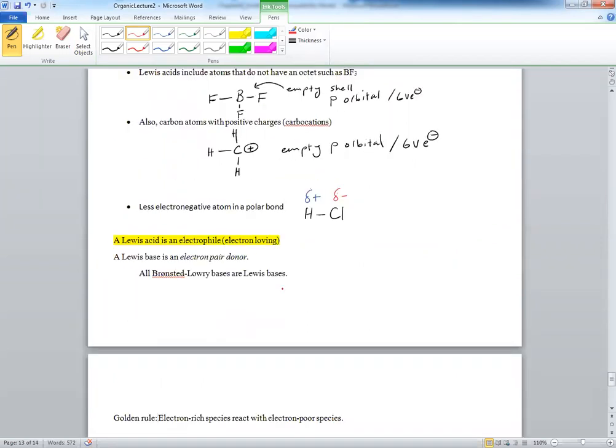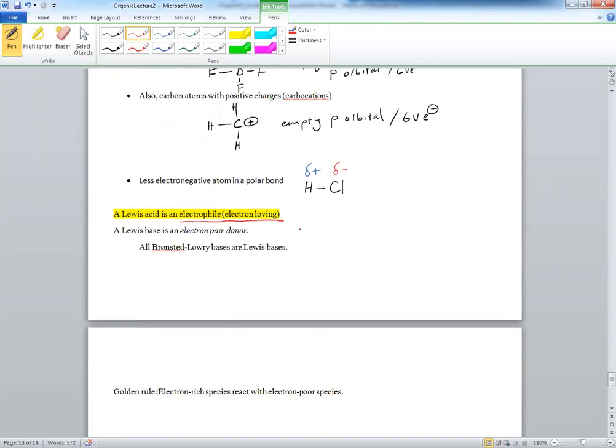Now, again, we're going to call these soon electrophiles because they love electrons. They accept electrons. Phile from Greek means philia, which means love, to love electrons.